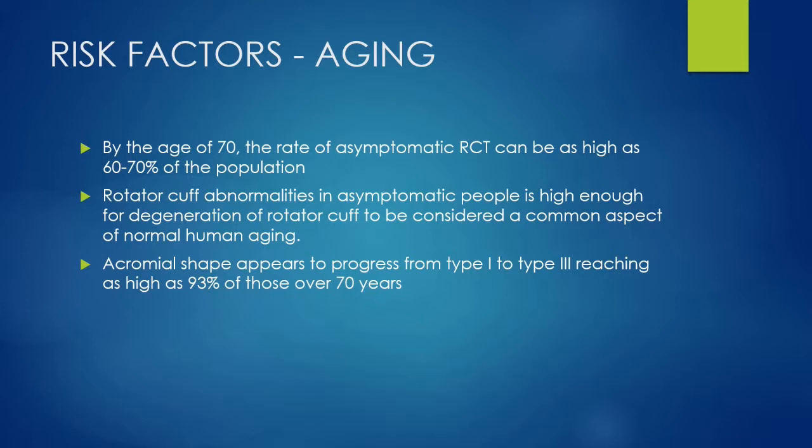And that might not come as too much of a surprise for you if you consider that we consider some of the other degenerative conditions of bone and of muscle to be common aspects of normal human aging, such as, for example, osteopenia or loss of normal bone mineral density of bone is considered a common aspect of normal human aging. Similarly, sarcopenia, which is the loss of muscle tissue, muscle mass, and muscle strength, and muscle force production capacity, that's also a normal aspect of human aging.